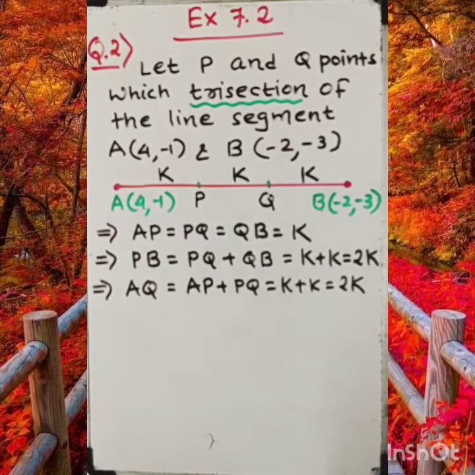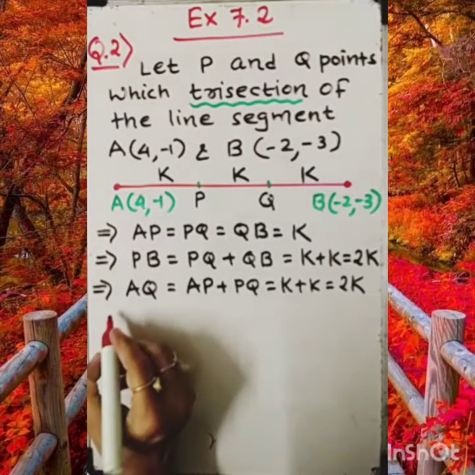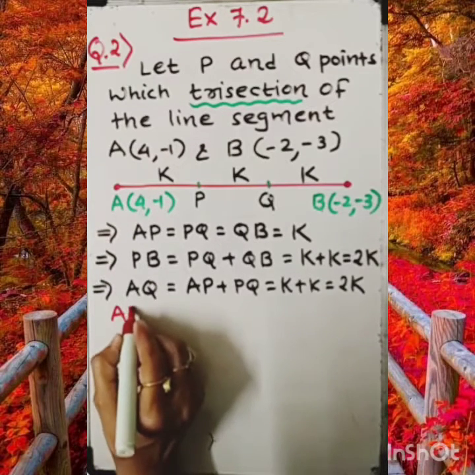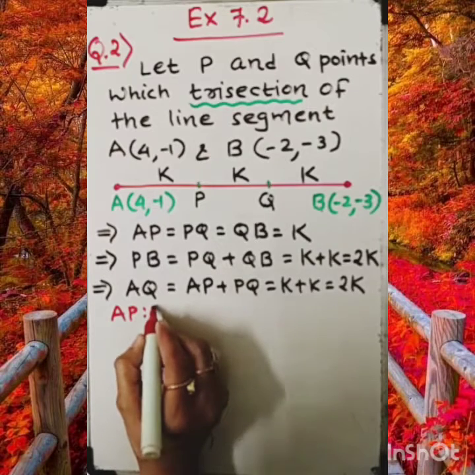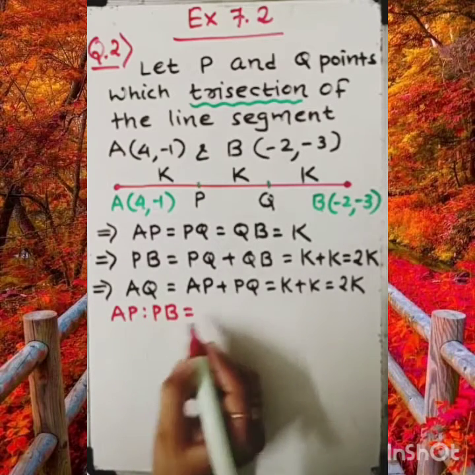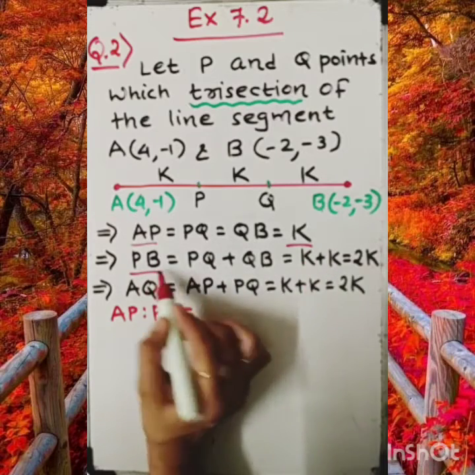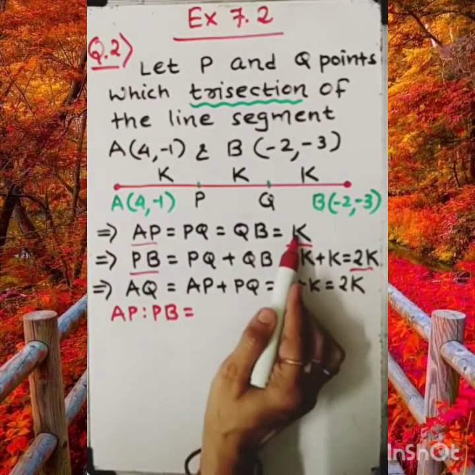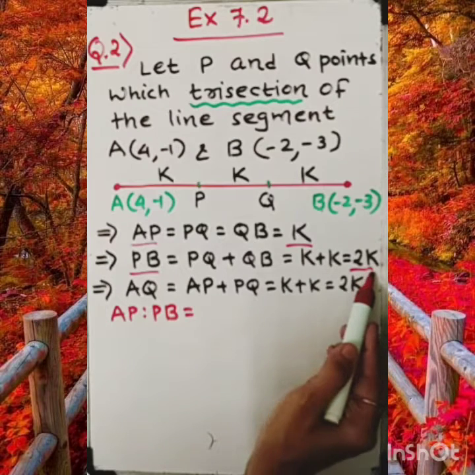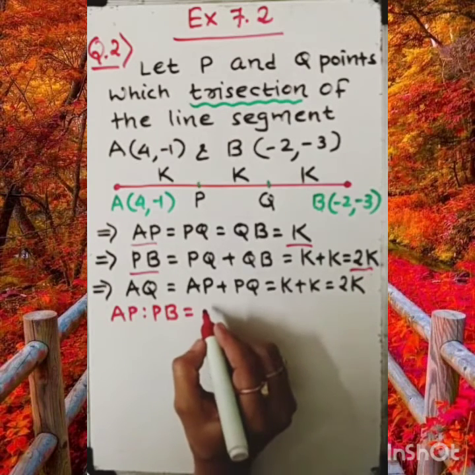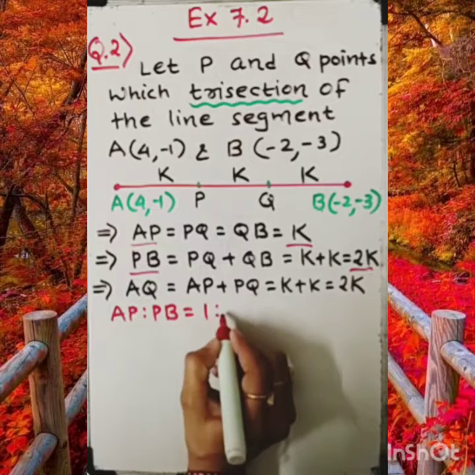Now if I ask you to write AP is to PB in ratio form, the value of AP is K and PB is 2K. K divided by 2K, K cancels, so the ratio will be 1 is to 2.